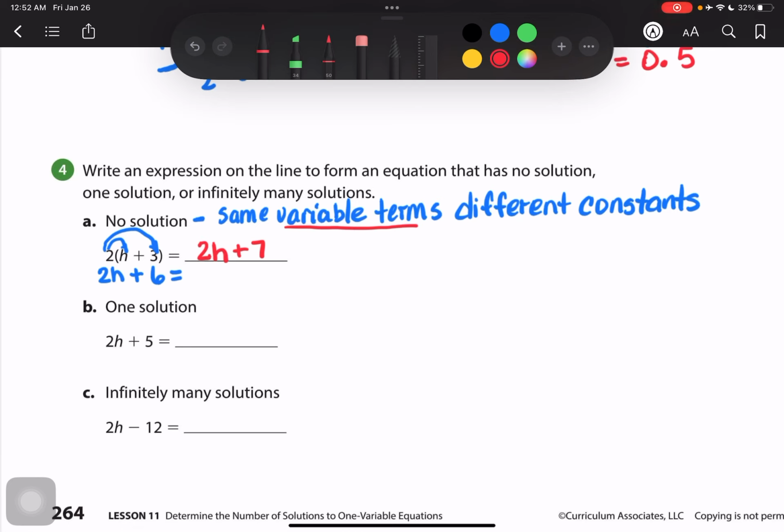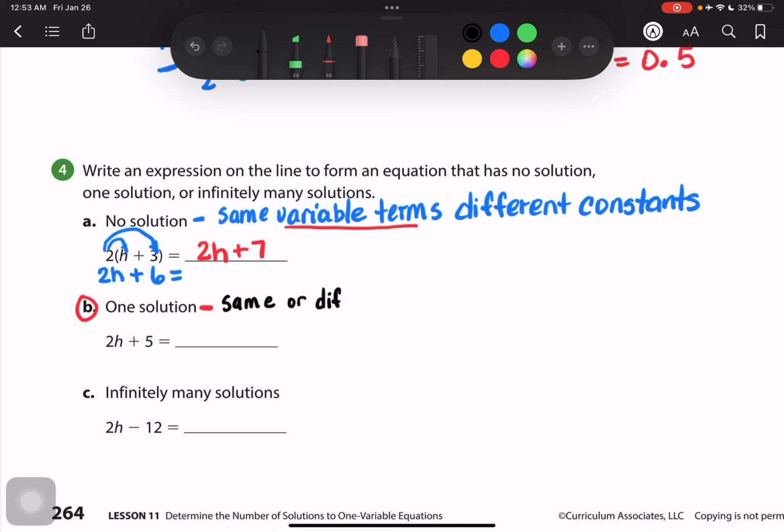All right. Letter B. It says one solution. For one solution, you need what? You can have same or different constants.